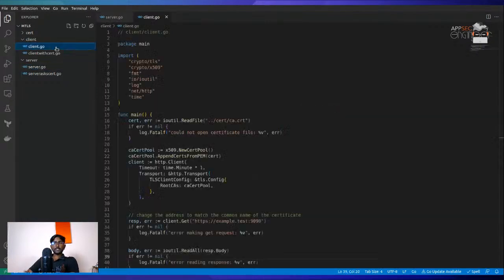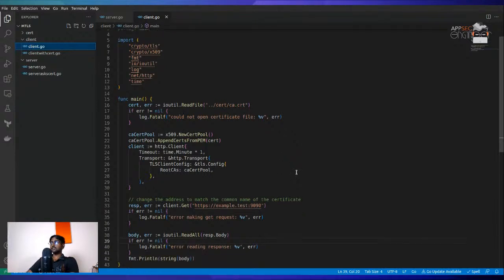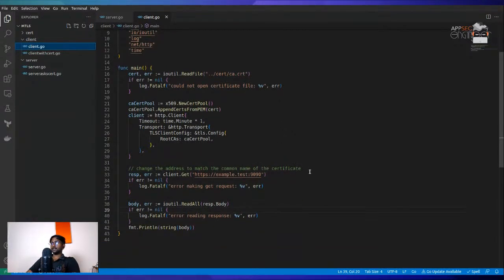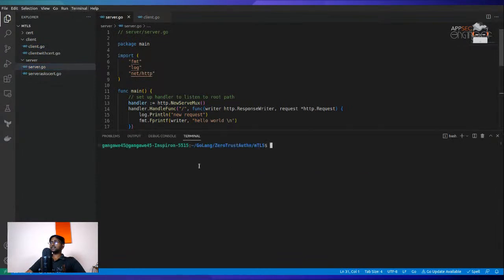On the other end of the spectrum, we have the client, who is also going to do something very similar. He is only going to make a request, and he's going to try and talk to this particular URL. So let's just spin up the instance.